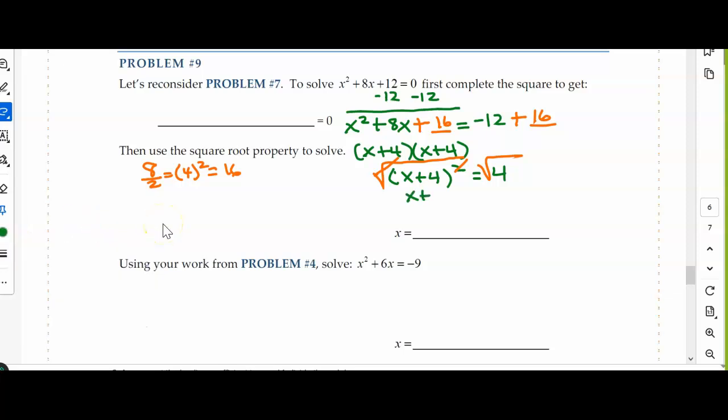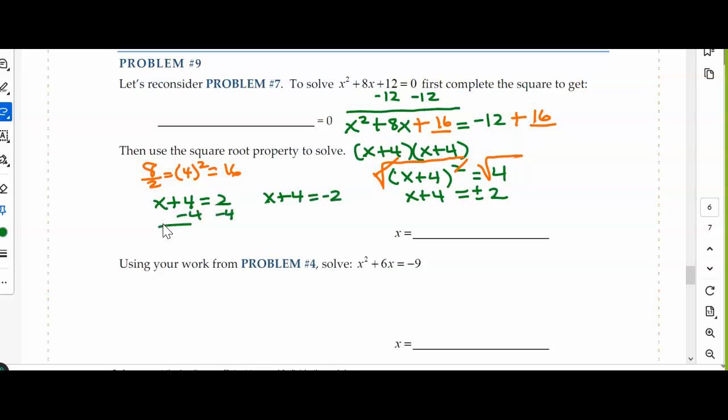So I've got x plus 4 on the left equals, now be careful here, remember, when we take the square root of it, the square root of 4 is not just 2, we need the positive and the negative, so plus or minus 2. And then write those two out: x plus 4 equals positive 2, x plus 4 equals negative 2.